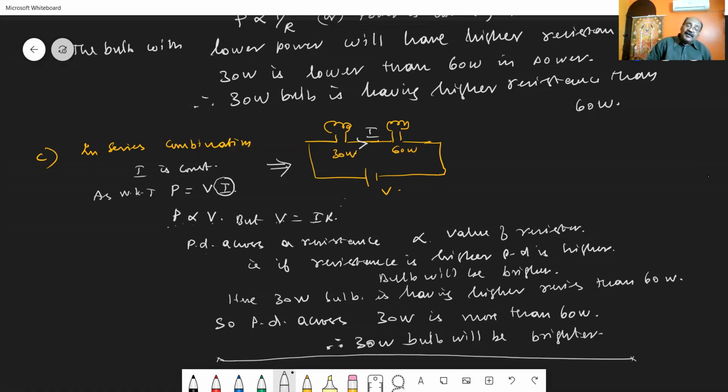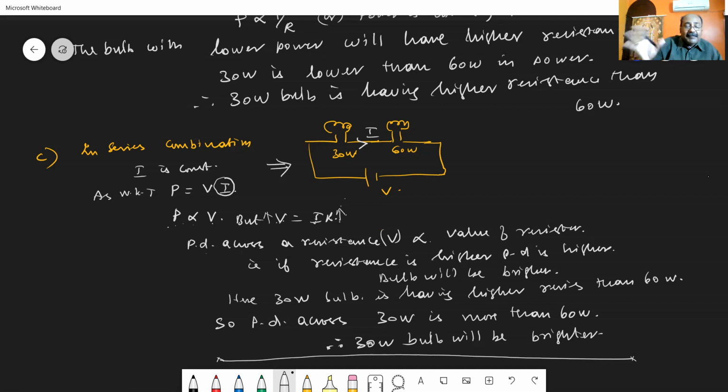But we know that voltage is equal to current into resistance. That is what I have told. The potential difference across the resistance V is directly proportional to resistance, because current is constant. If resistance is higher, voltage is also higher.